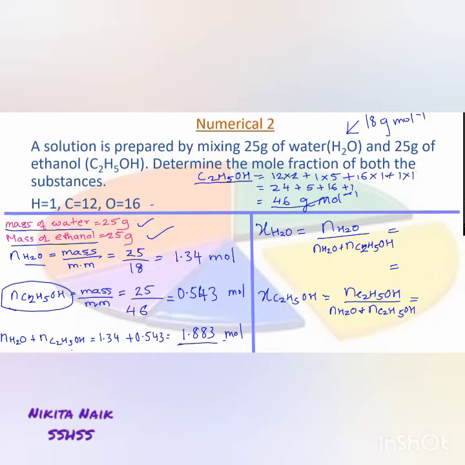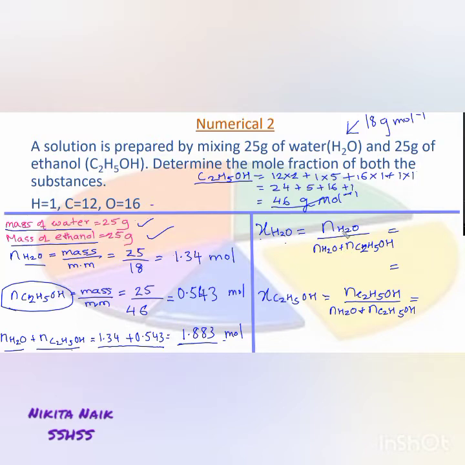The total number of moles, that is number of moles of water plus number of moles of ethanol, will be equal to 1.34 plus 0.543, which gives us the answer 1.883 mole. Hence, we can calculate mole fraction of water, that is X of H2O, which will be equal to number of moles of water divided by the total number of moles of the solution.